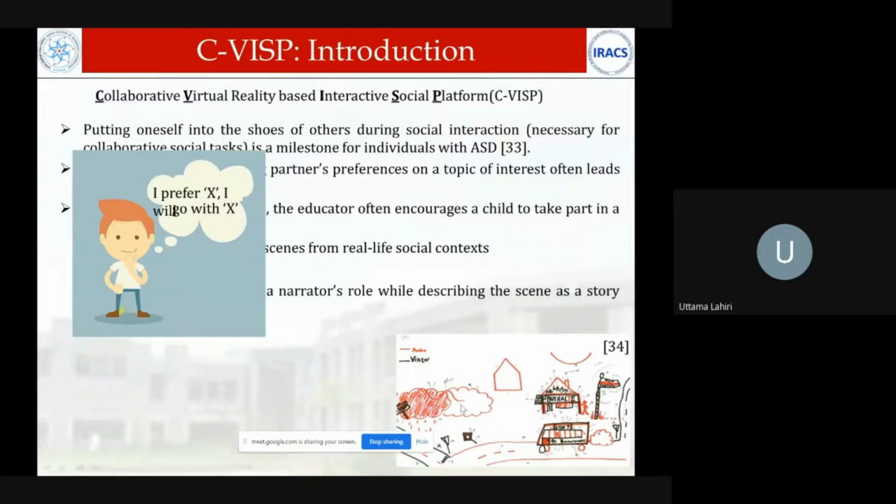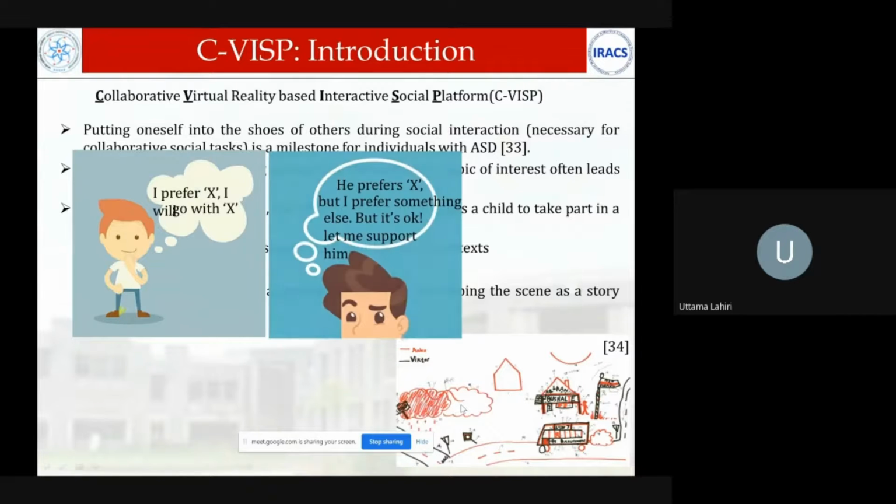So a child might feel that I prefer X, say a friend, I will go with X, but someone may think that he prefers X, but I prefer something else, but it's okay, let me support him. So this is like someone preferring something else. To understand that, understanding others' thought, is very important, which is lacking in a child with autism.